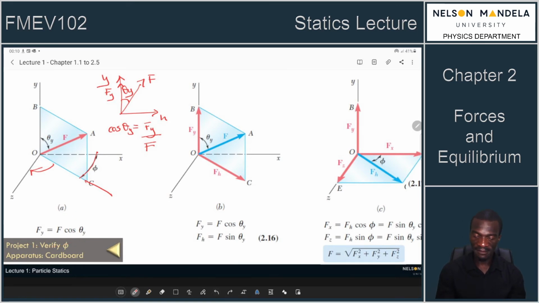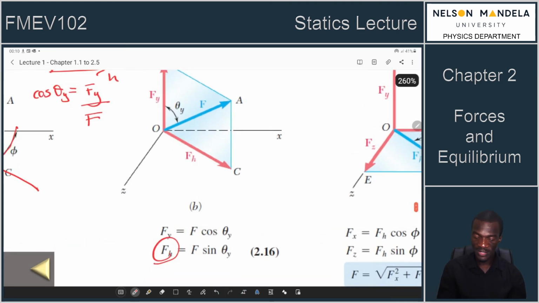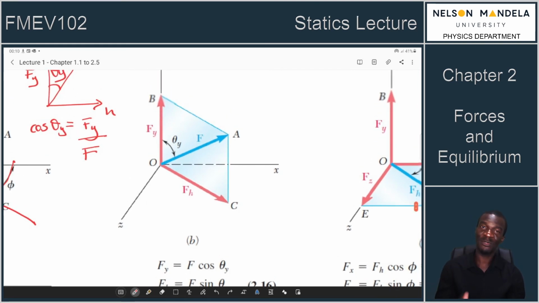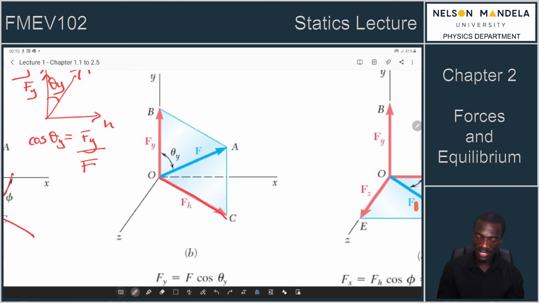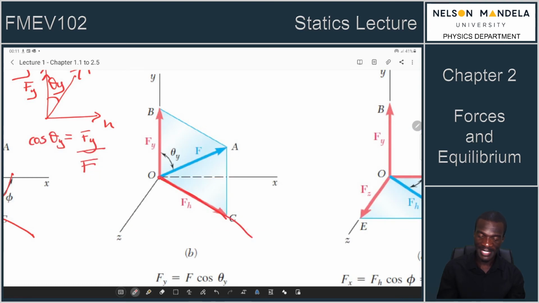Now, if we have the Y-axis component, this is the H-axis component. This one was already defined. Then the H component, the horizontal component. Remember, horizontal is not necessarily X all the time. It depends. In this case, because we put a plane in between the X and Y axis, we created a new axis called the H axis.